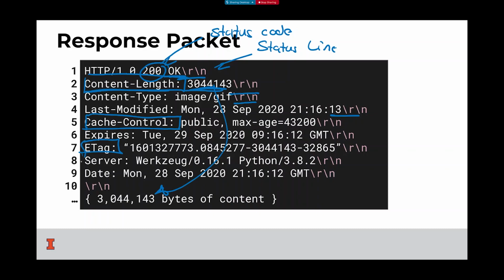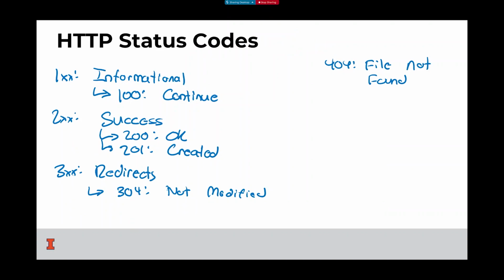This is an identifier to say that the content is this hash, and if the content hasn't changed, I don't need to send it to you again. So if you want to cache an image, this server is basically saying that you can cache this for up to 43,000 seconds, and it has this identifier. So I could ask the server, has this content changed? Do I need to download this image again? So 300s are redirects.